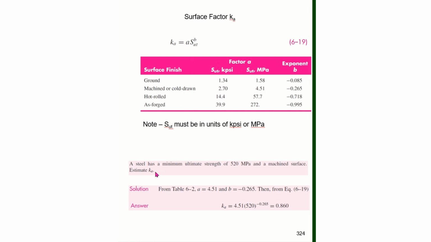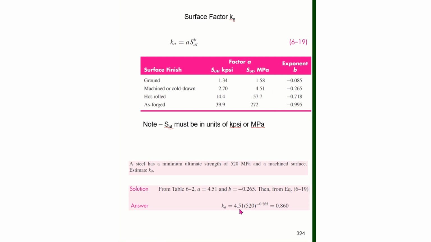So here's an example. It says a steel has a minimum ultimate strength of 520 MPa and a machined surface finish. Estimate Ka. So we would come up to our machined surface finish and we see that we're using units of MPa. So I put 4.51 in for a. Sut is the 520 and my exponent is minus 0.265.